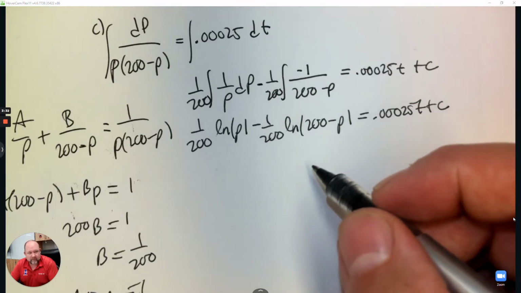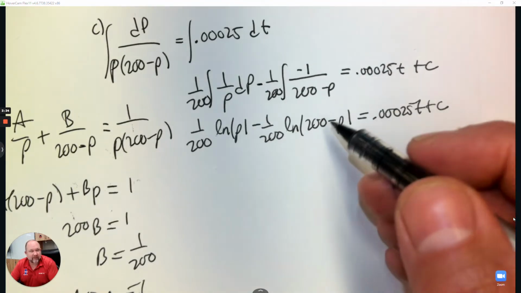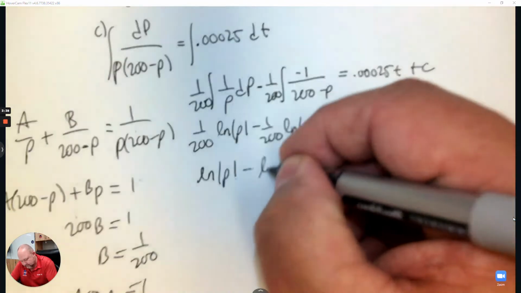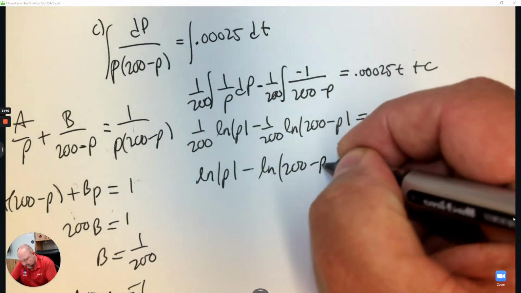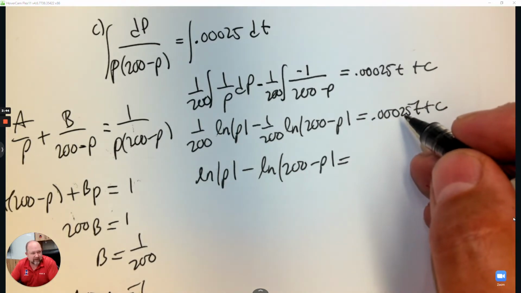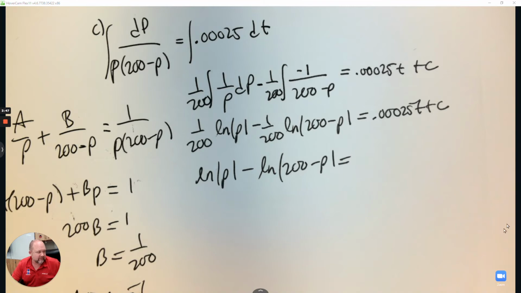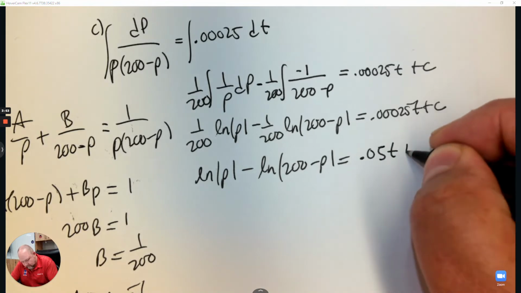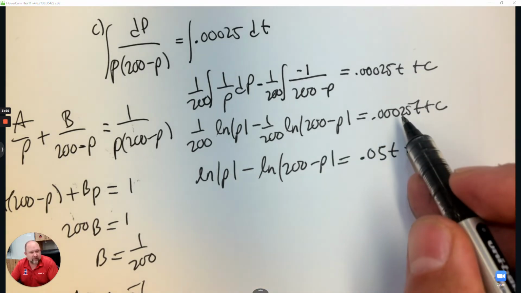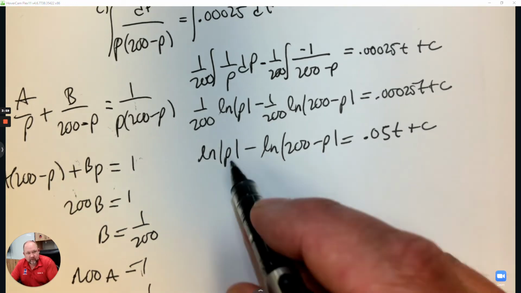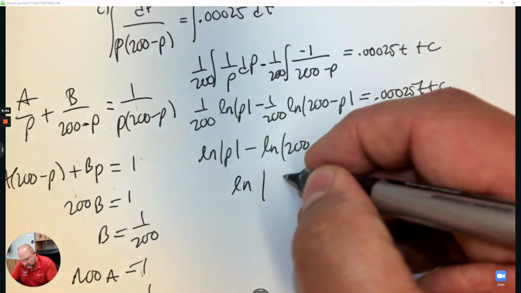We're just going to work until we can get P by itself. So we've integrated, now we need to solve for P. I'm going to multiply by 200. 200 times this changes it to 0.05. I'm going to use properties of logarithms. I'm going to divide.